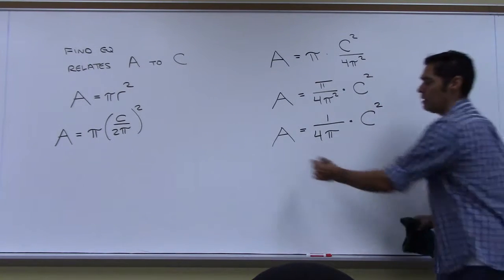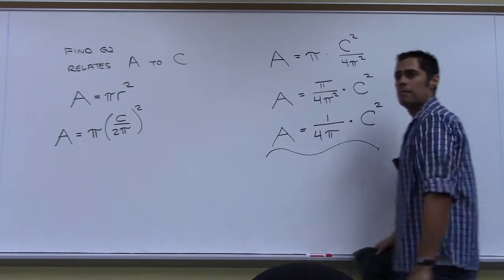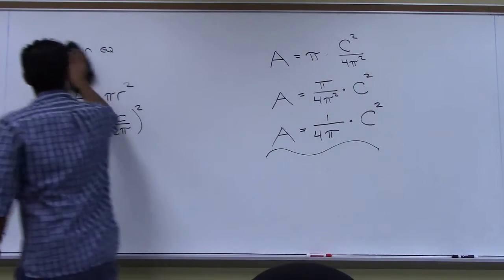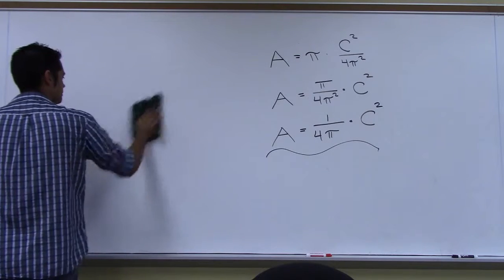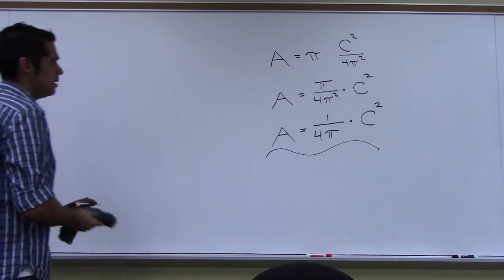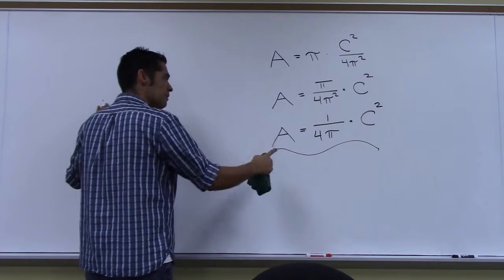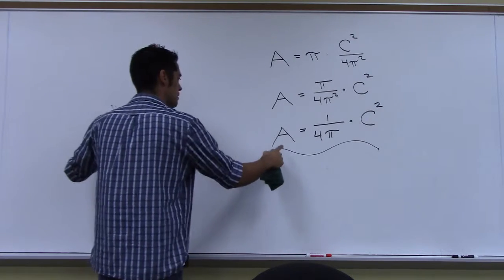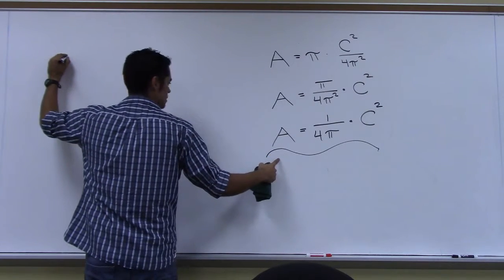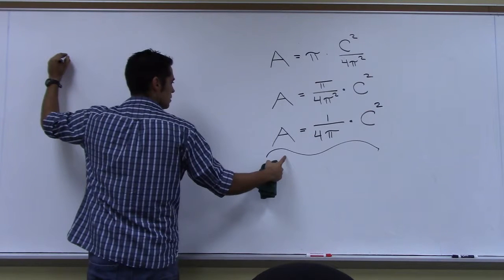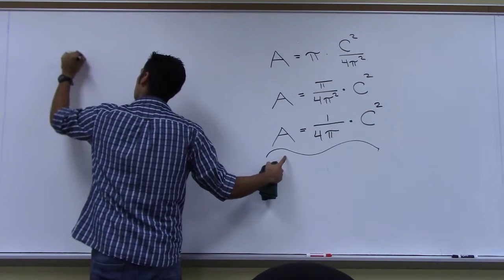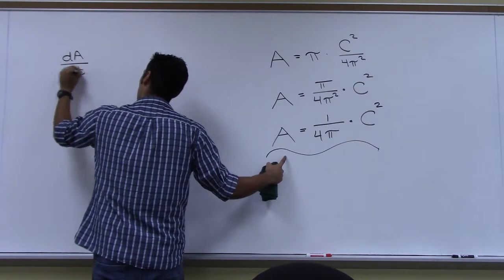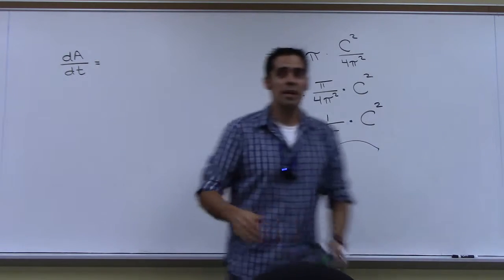I think I'm at derivative time. Okay, so derivative of this with respect to time. What's the derivative of the left side? dA dt. Remember, don't plug anything in yet.